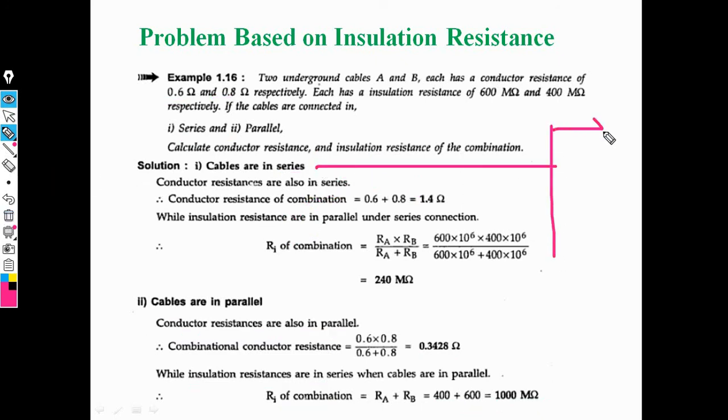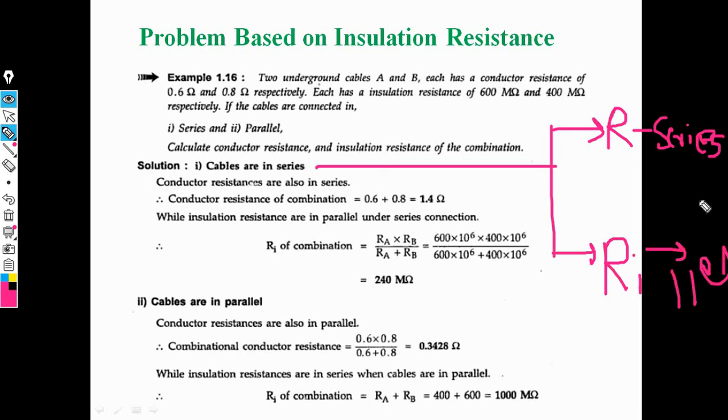To summarize: when cables are connected in series, the conductor resistances are in series but the insulation resistances are in parallel.